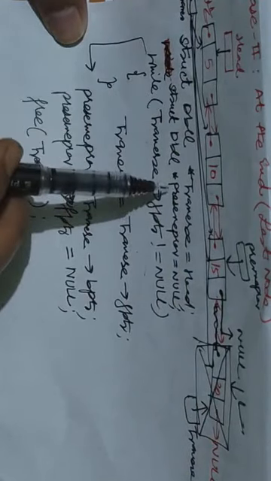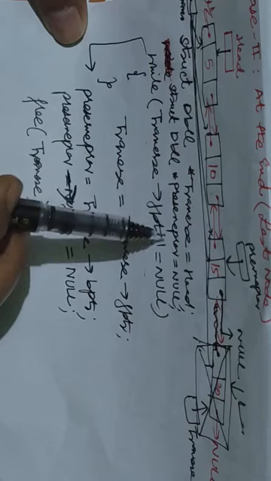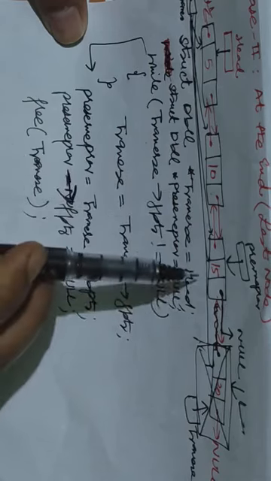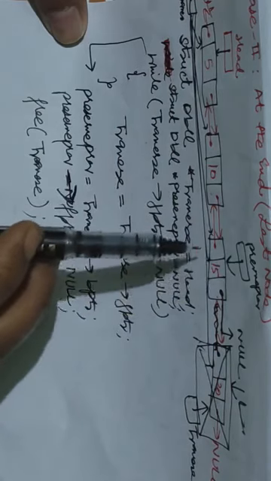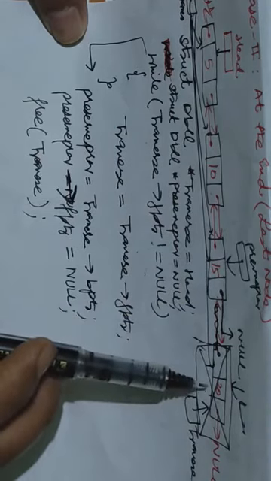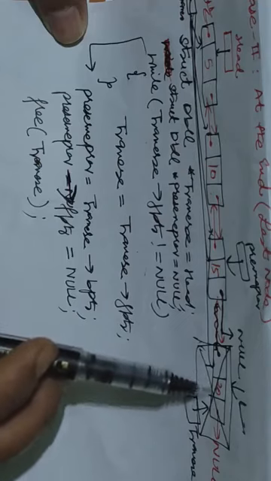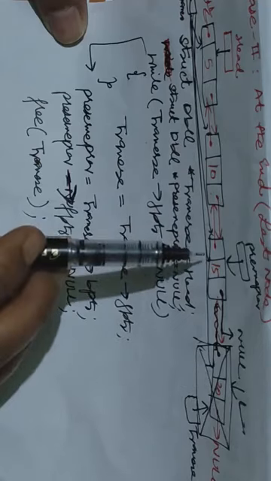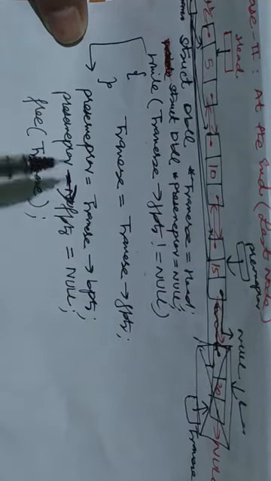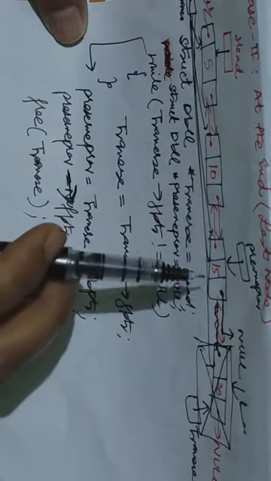And now we have to make use of another pointer. I call it preserve previous. Why? Because we have to preserve the address of the node previous to the node which we have to delete, that means previous to this last node, right? So how can we get the address of this node?